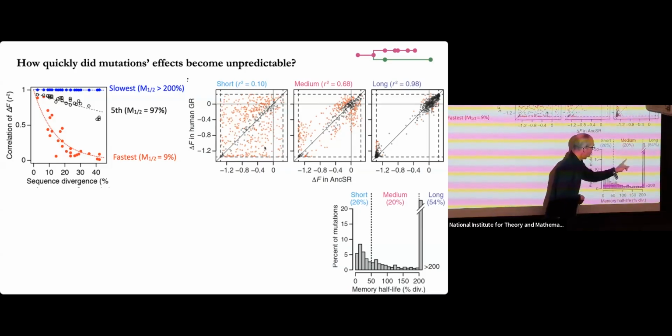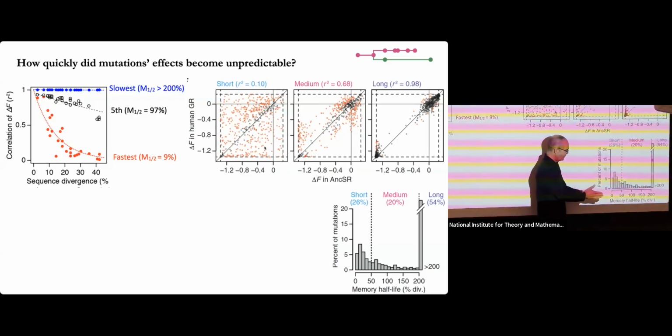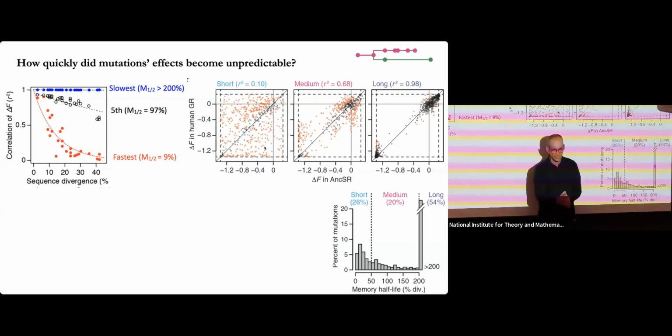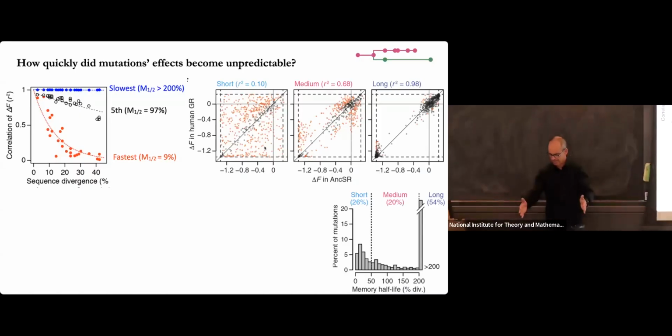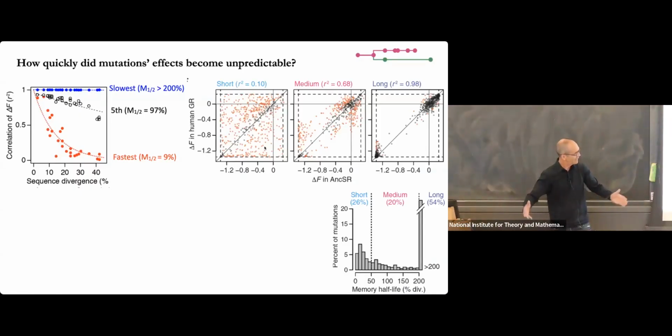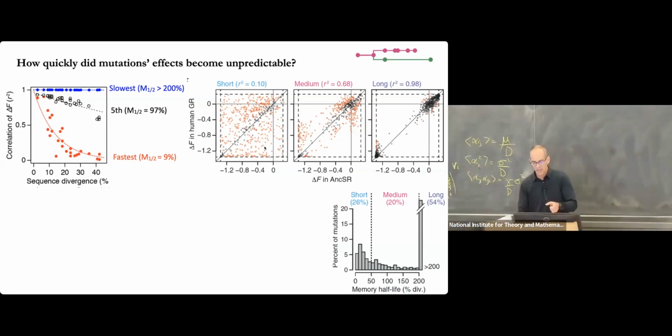There's another 20% that have a medium half-life, that they're partially decorrelated across that long interval. And then there are slightly over half that are essentially not changing.